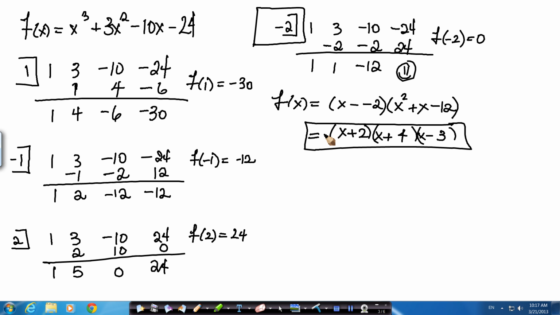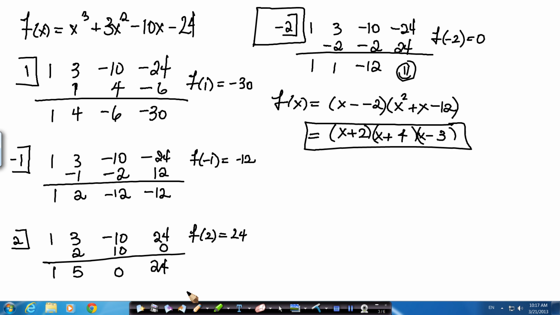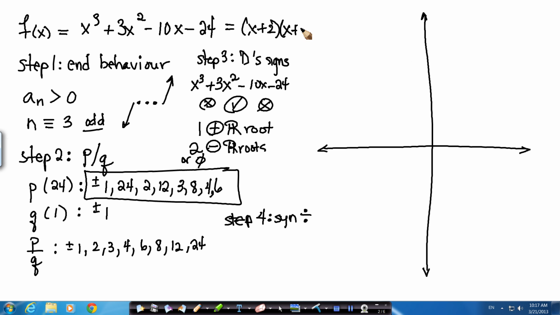Now we can go back to the previous page and we can graph it. So our function is x plus 2 times x plus 4 times x minus 3.